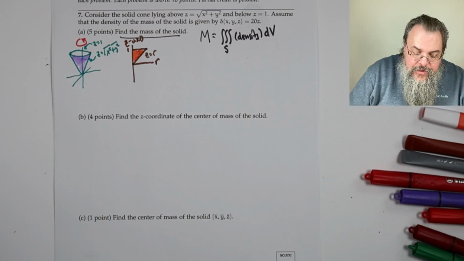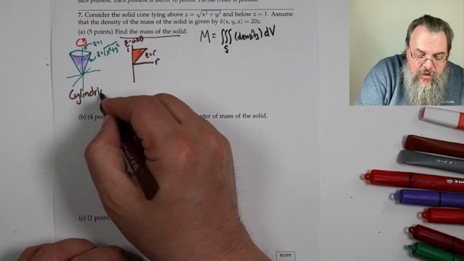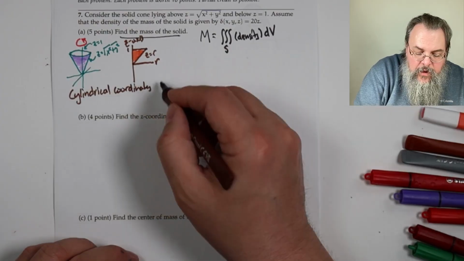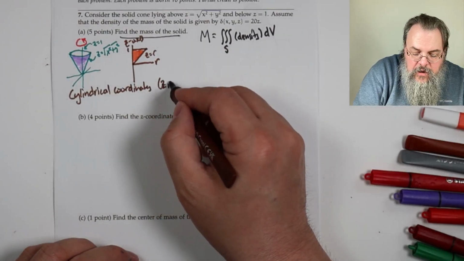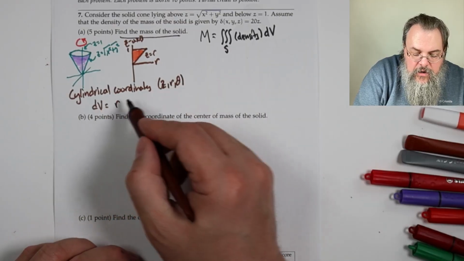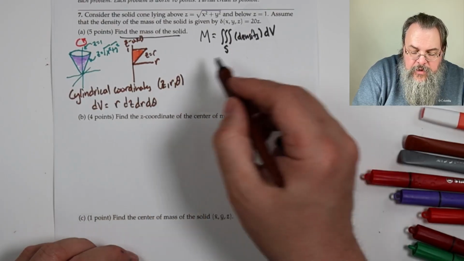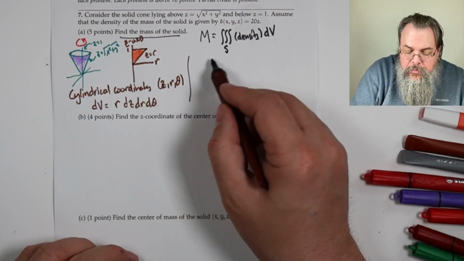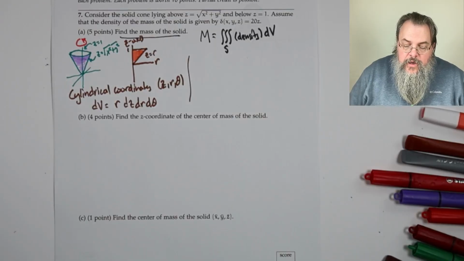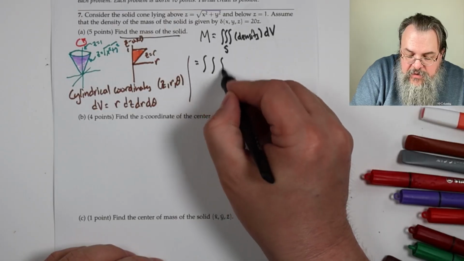So in cylindrical coordinates, some nice basic facts. We have our z, r, and theta, and dV is r dz dr d theta. So our mass formula is going to become the following. We're integrating, and we'll set our bounds in a second.